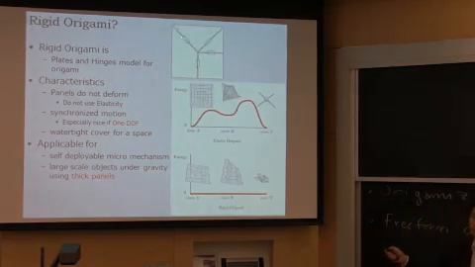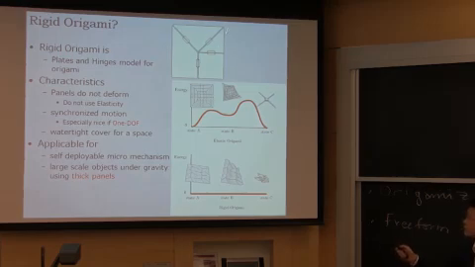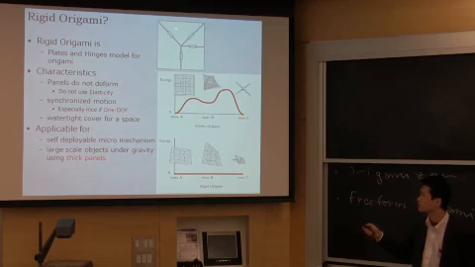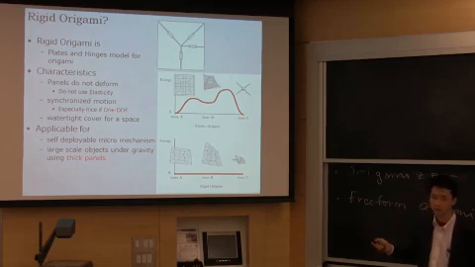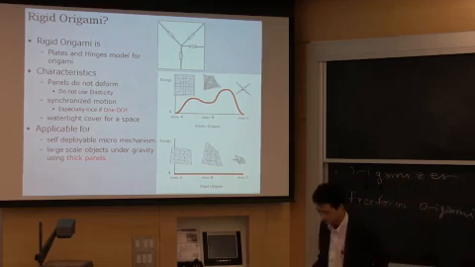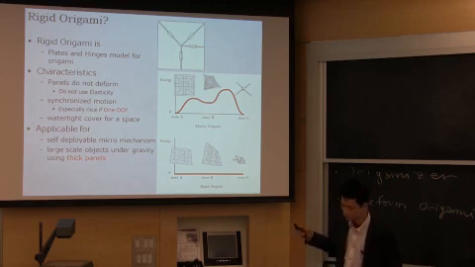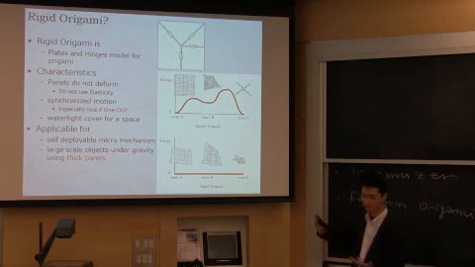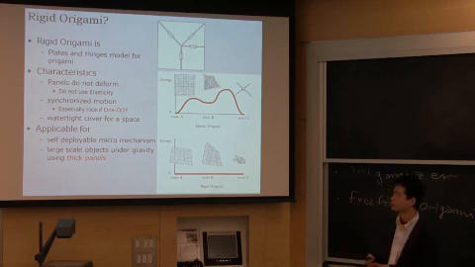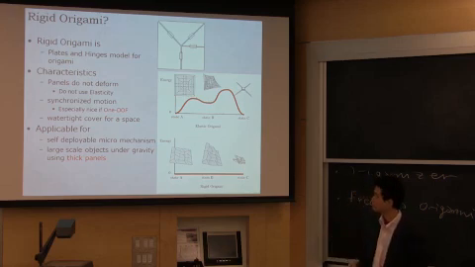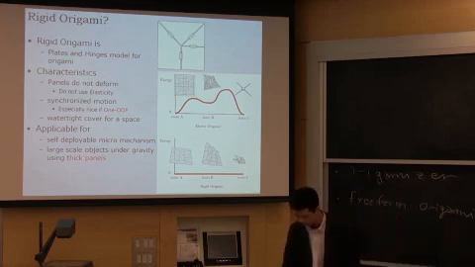Like this, each rigid panel is connected to the adjacent panel with a rotational hinge, a one-axis hinge. And the panels do not deform, and it produces synchronized motion. So that's a model when you want to apply origami's dynamic features to some designs.